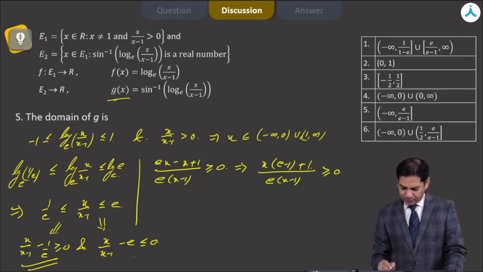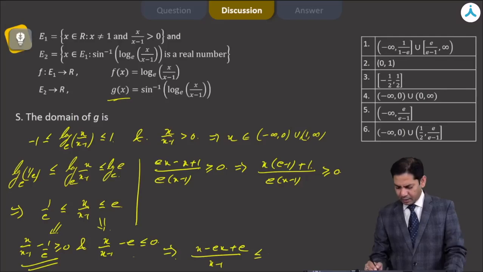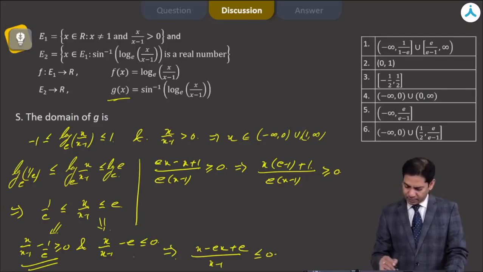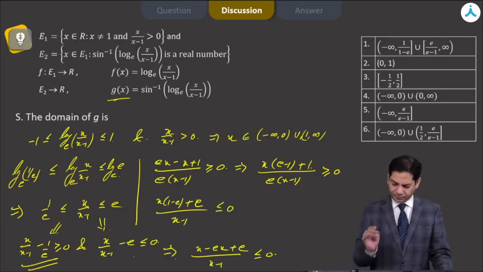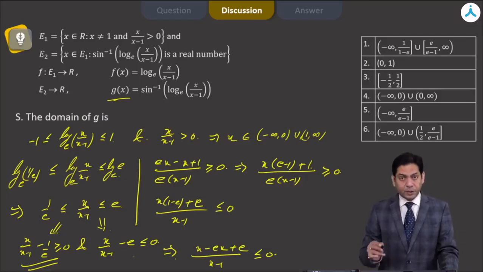And this one will give us x minus ex plus e divided by x minus 1 less than or equal to 0, and this can be written as x into 1 minus e plus e divided by x minus 1 less than or equal to 0. Now solve each of them individually, this one and this one.